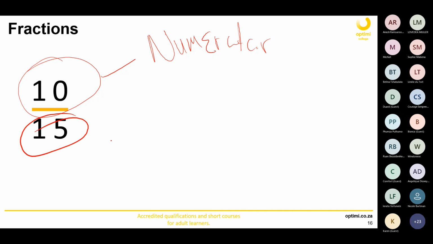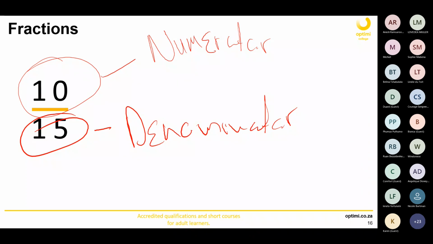The 15 is the denominator. The 15 indicates how many parts there are in a whole, in one. So the 10, the numerator, tells you how many parts have been selected, and the 15 tells you how many parts there are in one whole.